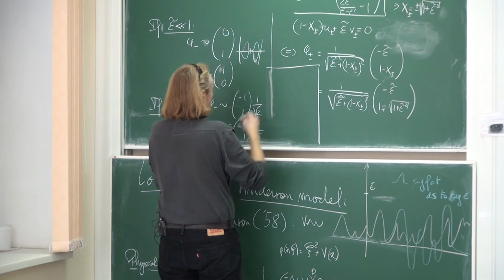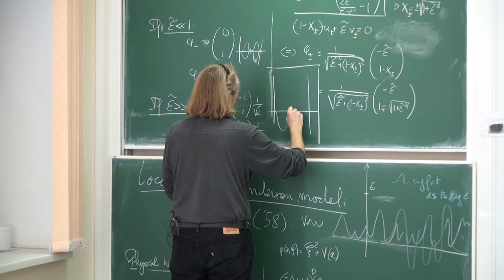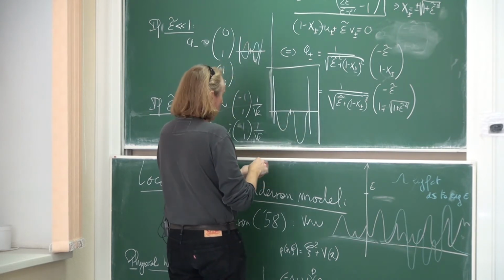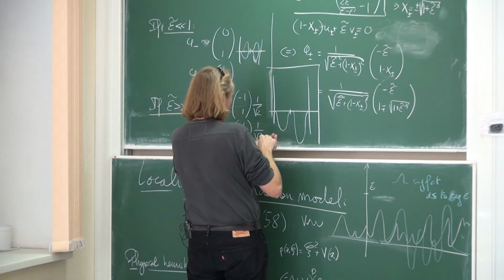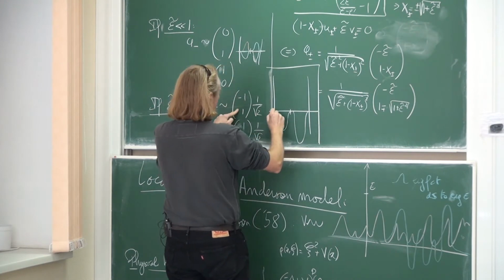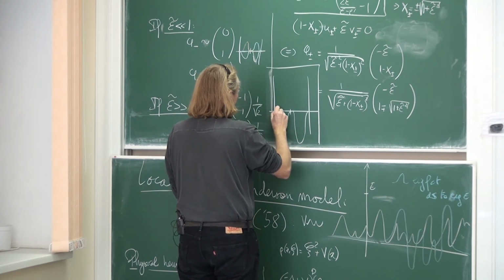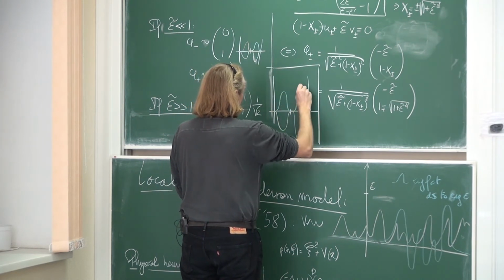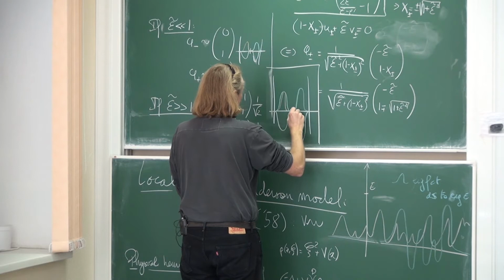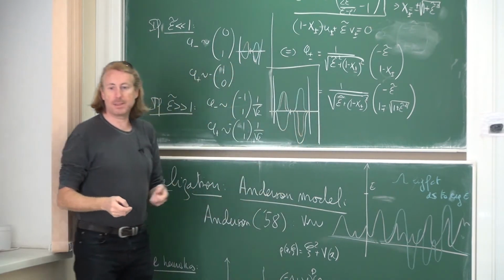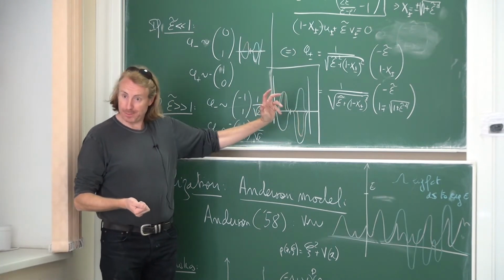Whereas in the new picture, one of the eigenfunctions, which is actually the bottom eigenfunction, is going to look like this, and this one is going to look like this. And so you see that in this case, the two eigenfunctions get coupled.